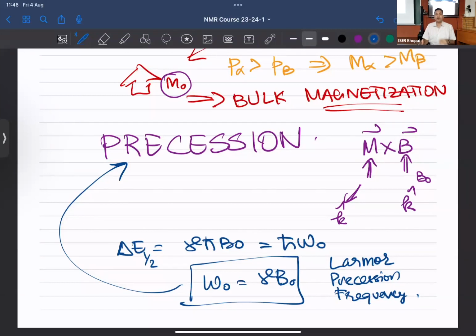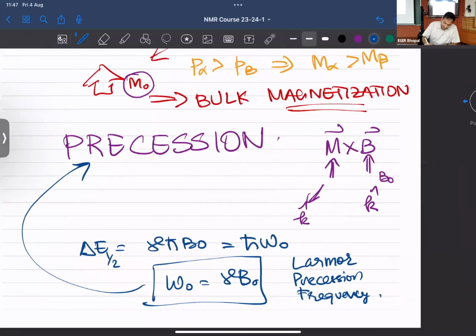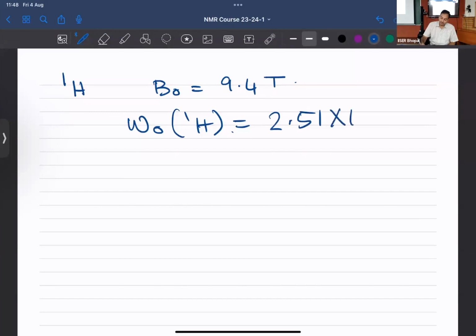Now, try to go back and calculate different Larmor precession frequencies for different spins, but let's take proton. And when we said B naught of 9.4 Tesla, can you please calculate what will be the omega naught? Please be careful about units. 2.51 into 9.4, second inverse.